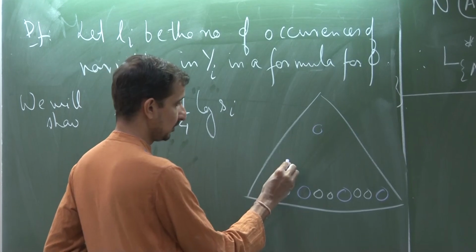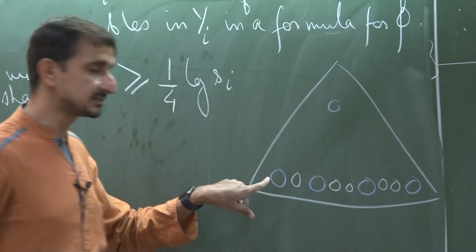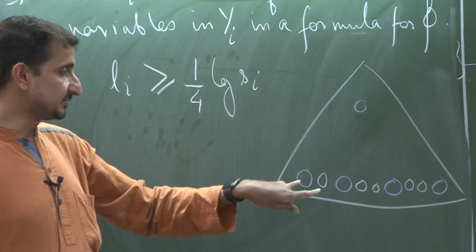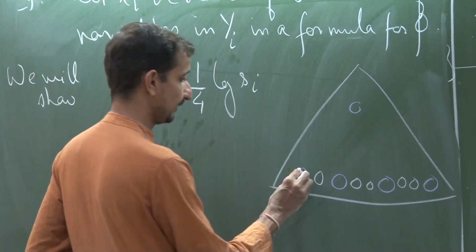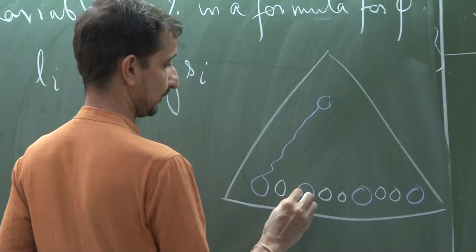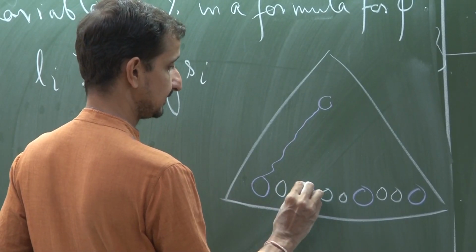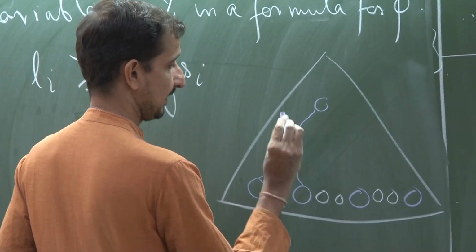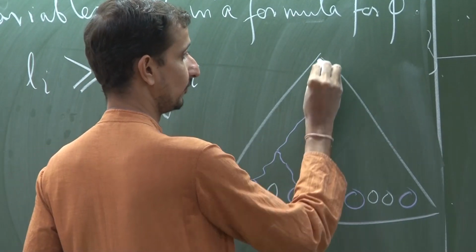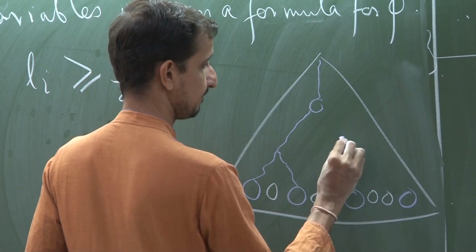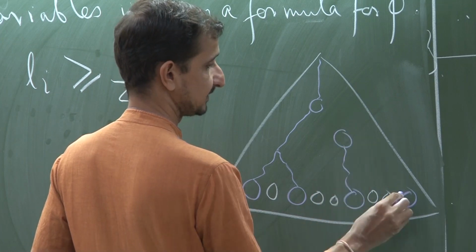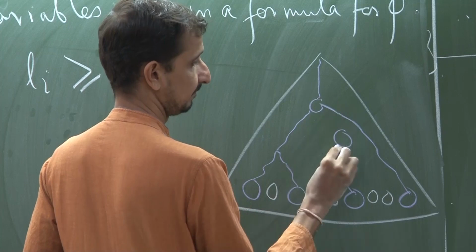Now, look at all the paths from the leaves which belong to yi up to the root node. Suppose this is a path which goes from a leaf to the root node, this is another path going to the root node, and here I have maybe some other path.